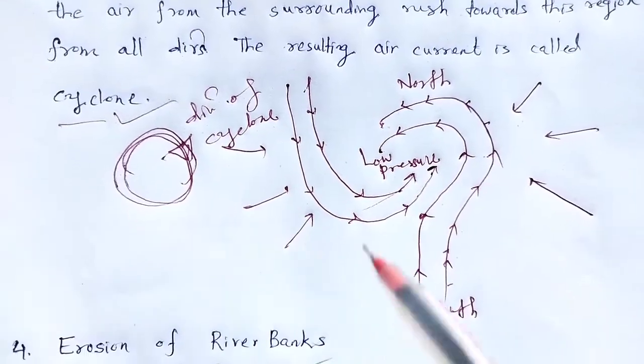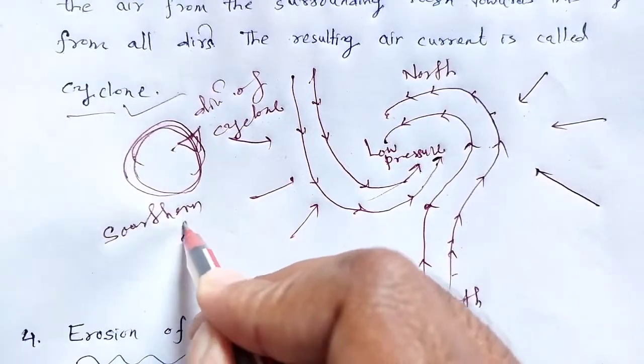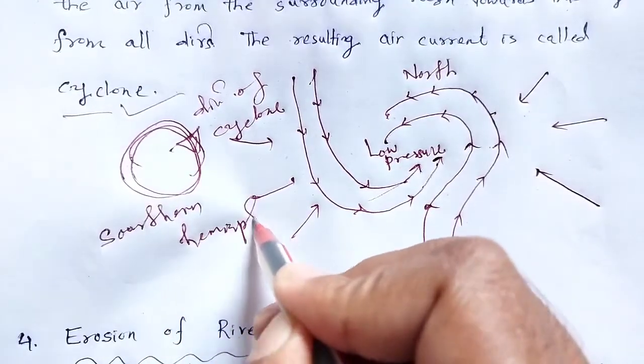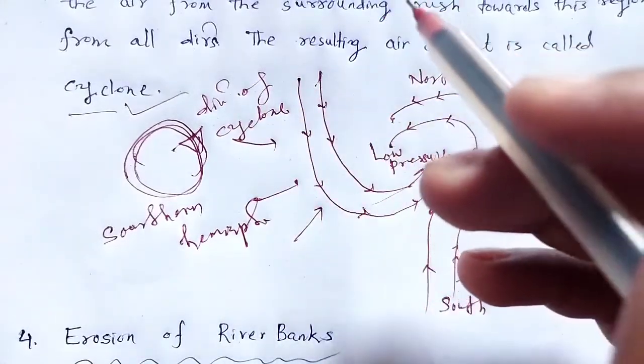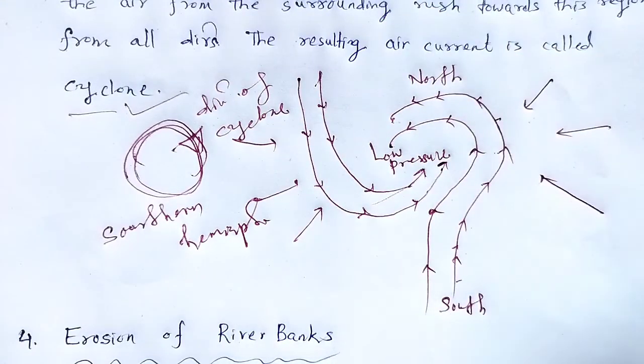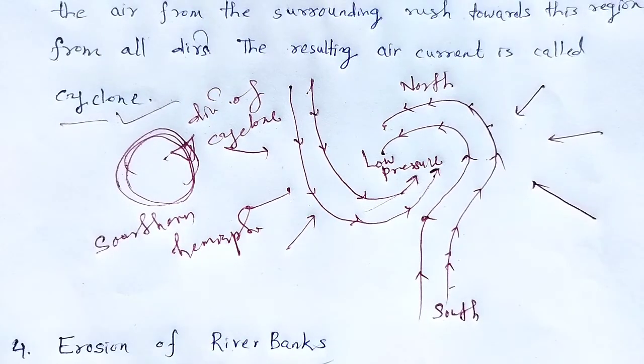In the southern hemisphere, the direction of the cyclone is clockwise, whereas in the northern hemisphere the direction of the cyclone is anti-clockwise. But as there is no Coriolis force at the equator, no cyclones are possible at the equator.